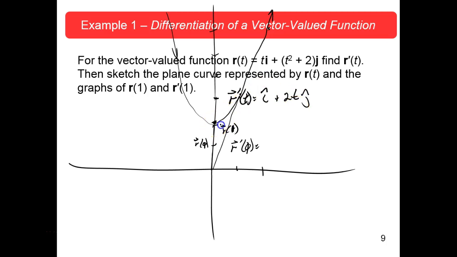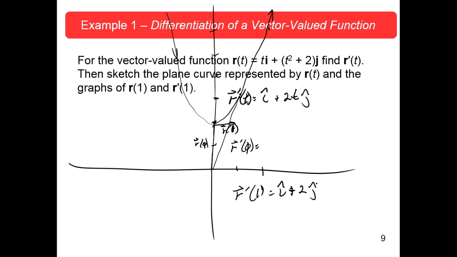So that'd be I. And sure enough, there it is, a unit vector in the positive I direction. Okay? And r prime of 1 is I plus 2J.